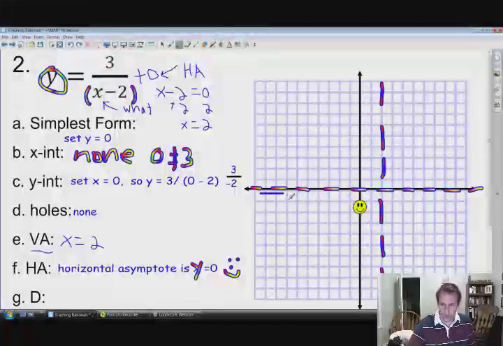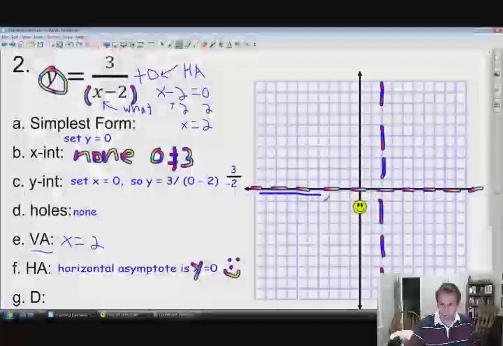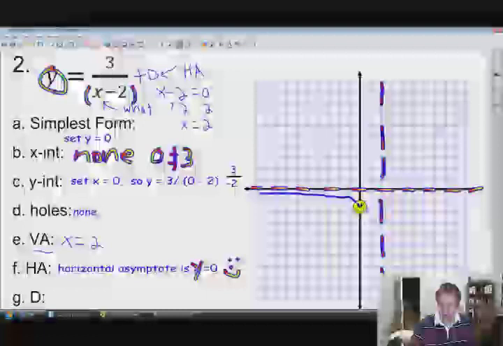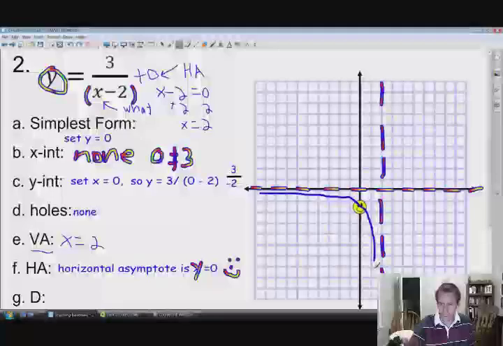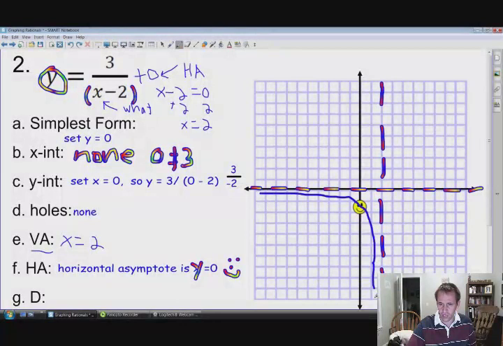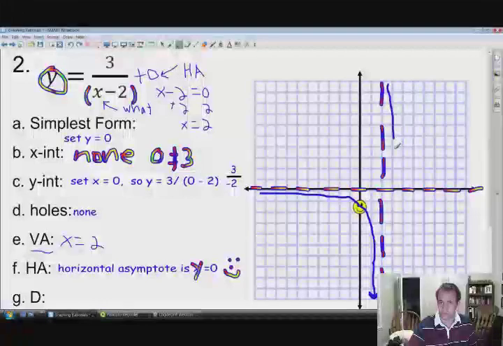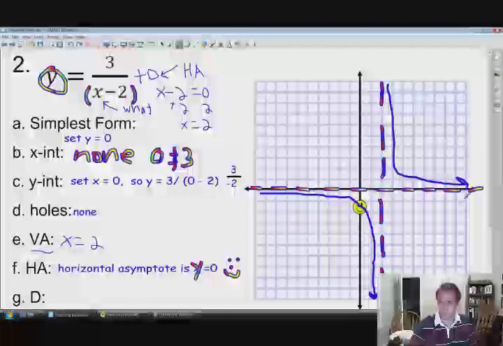Following along the asymptote till we get to about 1.5, and then going down, down, downward, and then continuing downward and going to the right. And there's our graph there.